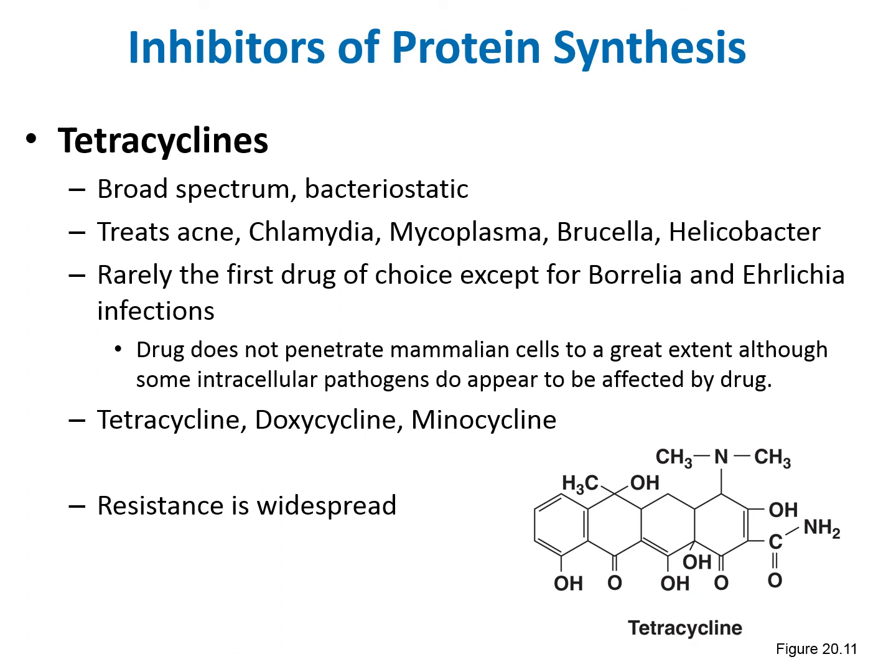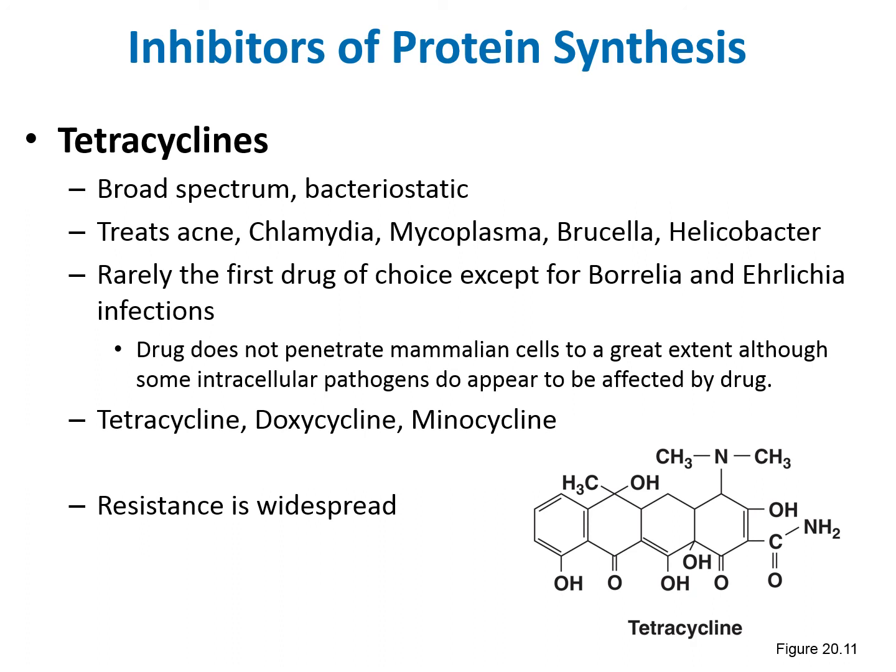So helicobacter, you might remember, is a bacterium that is associated with stomach ulcers and to a lesser extent stomach cancer. So this drug would kill those bacteria. Most of the time, tetracyclines are not the first line of defense drugs against these bacteria. Usually it's second or third line.